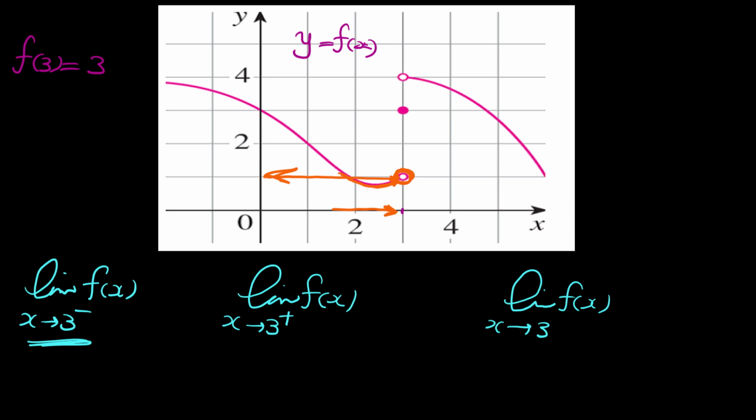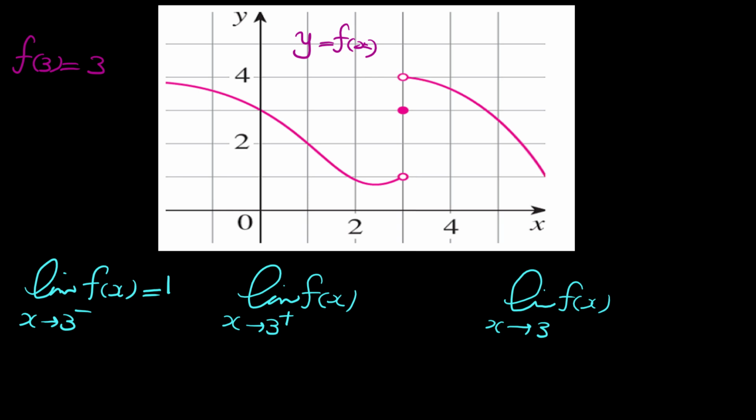So the limit of this function when x approaches 3 from the left equals 1. Attention, when x approaches 3 from the left, we are so close to 3 but not at 3. We are somewhere close to 3, like here. When we go up, the y value, as you can see, is very close to 1. The limit is 1.